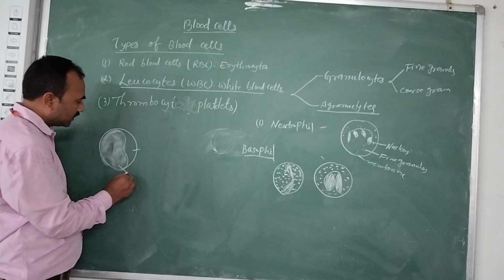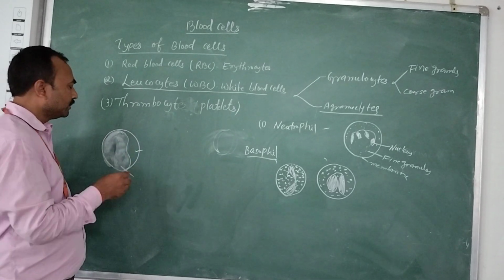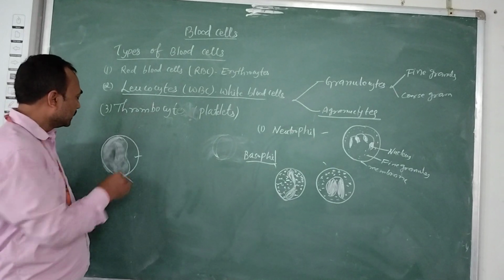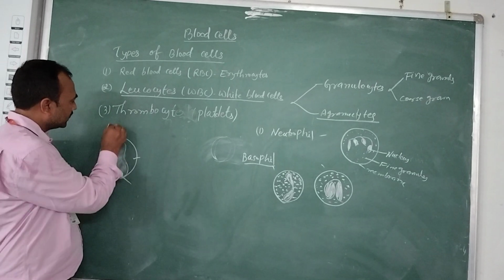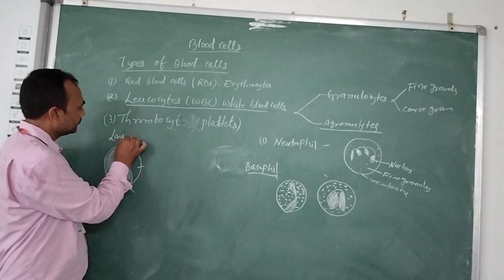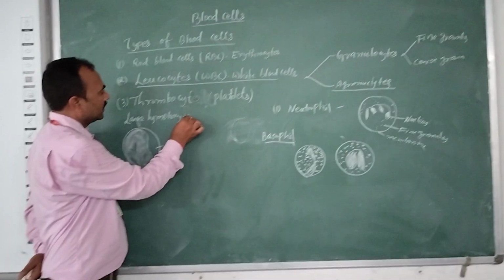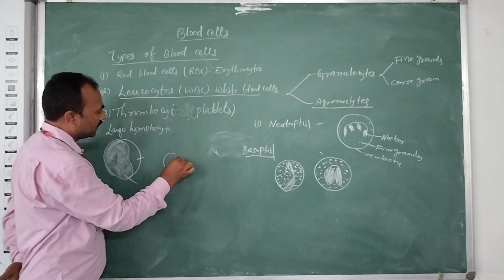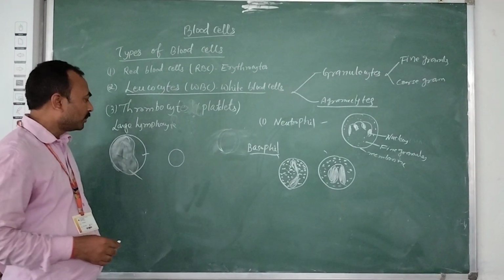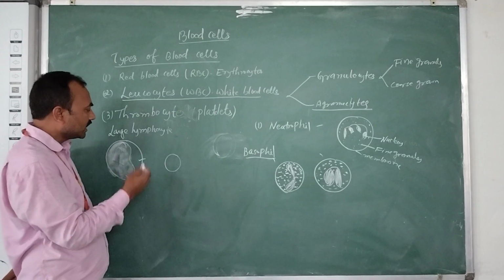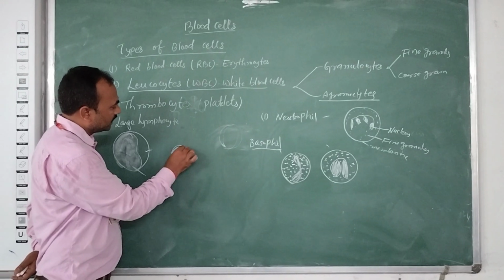Lymphocytes can appear in two forms in the peripheral blood smear: a large lymphocyte and a small lymphocyte. In a small lymphocyte, we cannot find the cytoplasm. The whole cell is covered by the nucleus, and the cytoplasm is not visible at all.